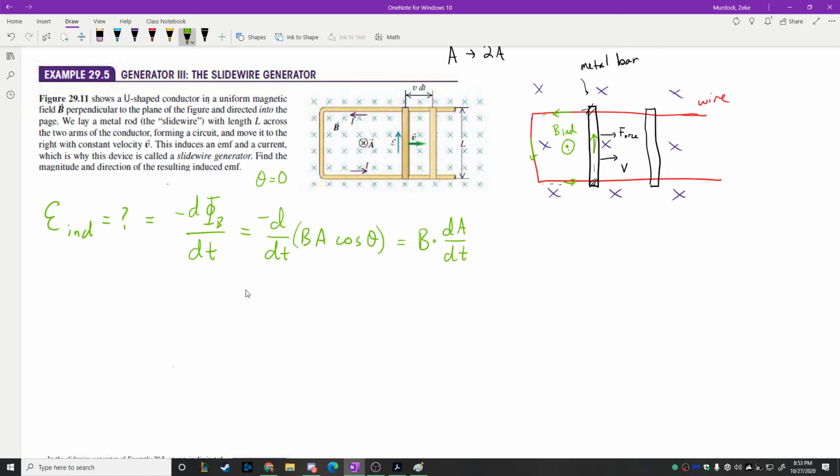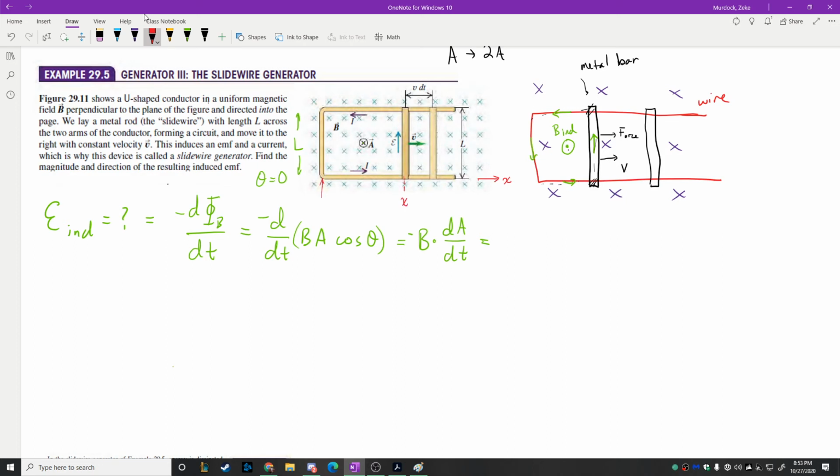And I'll leave this negative sign on here just for good measure. So it's the rate at which the area is changing that we care about now. And what will that be? Well, in this case, I would argue that if the length of this side here is L, that's basically the length of this side here too, then the area of my loop at any moment will be related to, I'm going to define this direction to be the positive x direction, and I'm also going to define this to be the x coordinate.